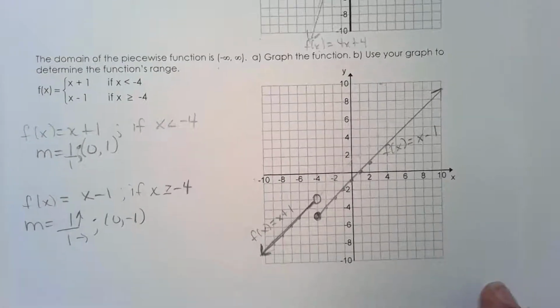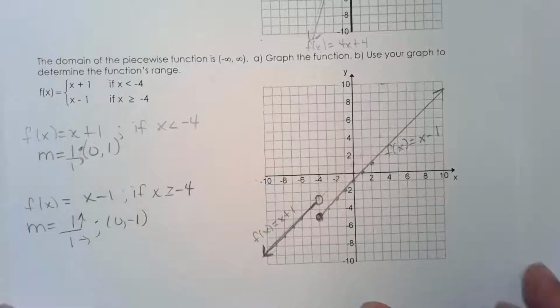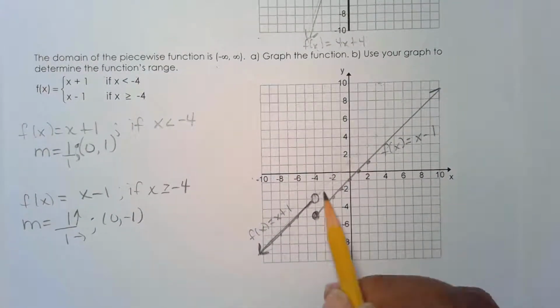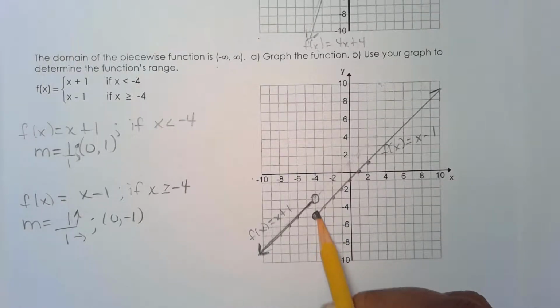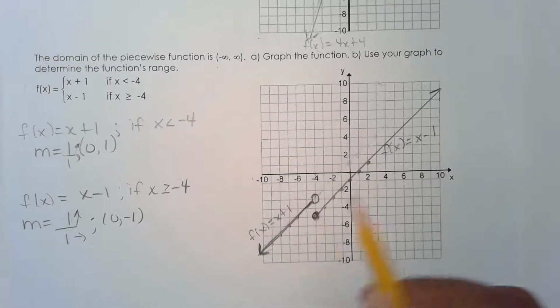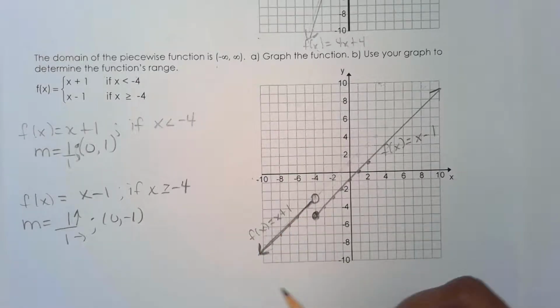Now, if you notice, there's nothing that's separating at -4 because we're including -4. So it's saying what would be its range.